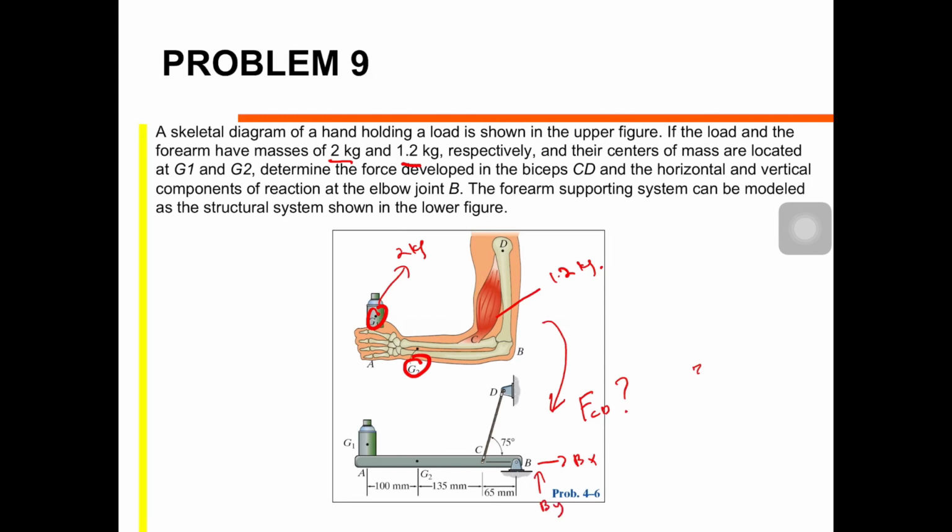Look at this figure. You have two components, this bar AB and CD.